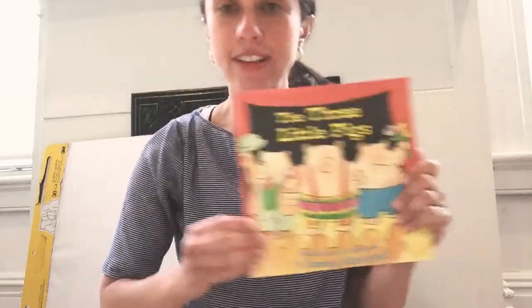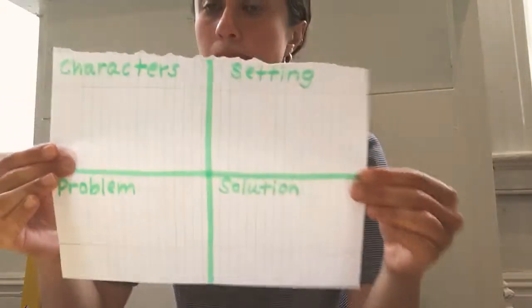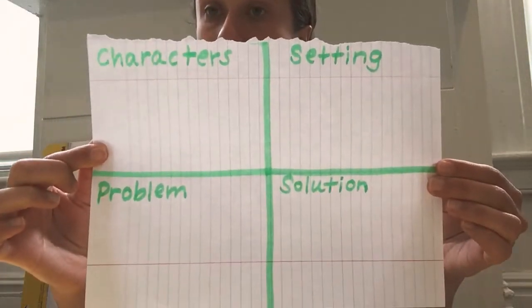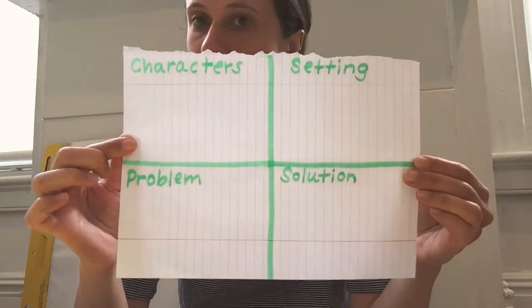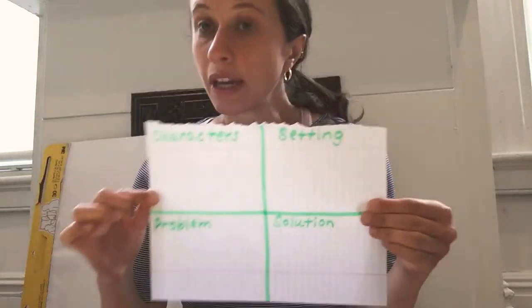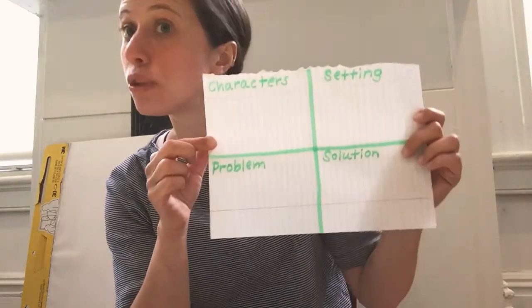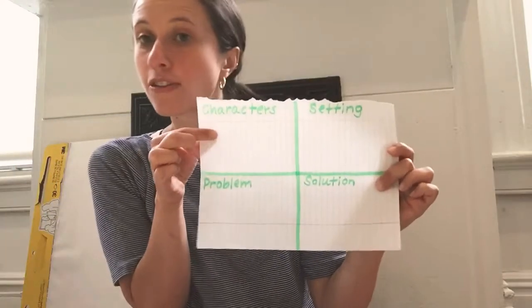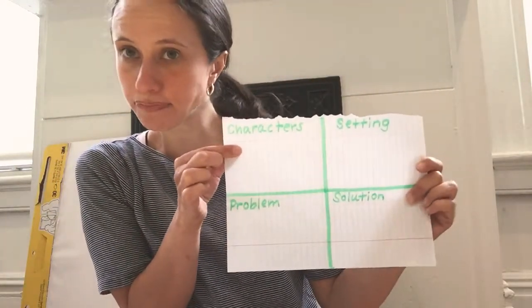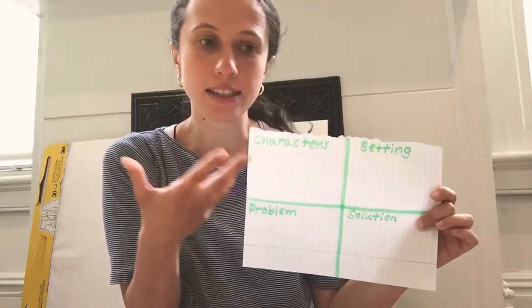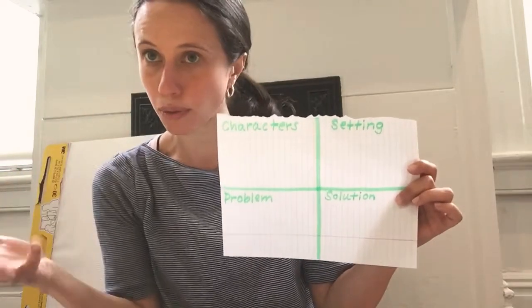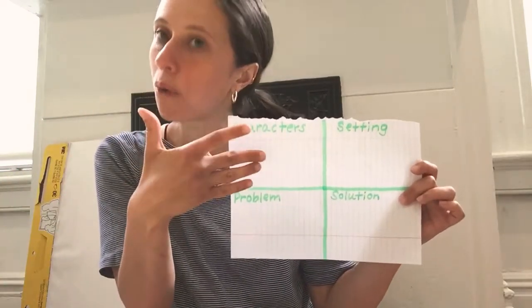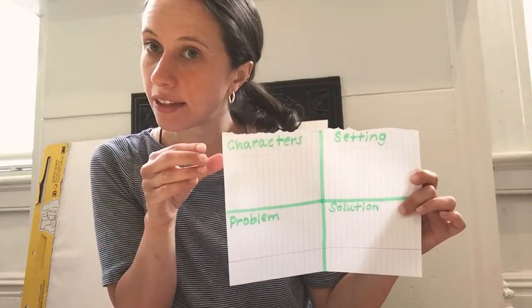So let's revisit our piece of paper with the story elements. We have the characters, the setting, the problem, and the solution. In a couple minutes, I'm going to ask you to pause this and try to fill it out on your own. Remember, the characters are who or what is in the story.